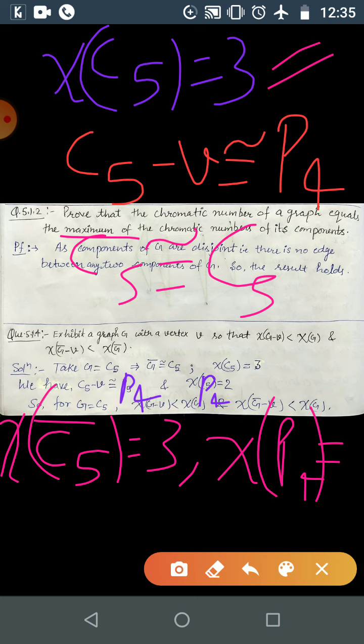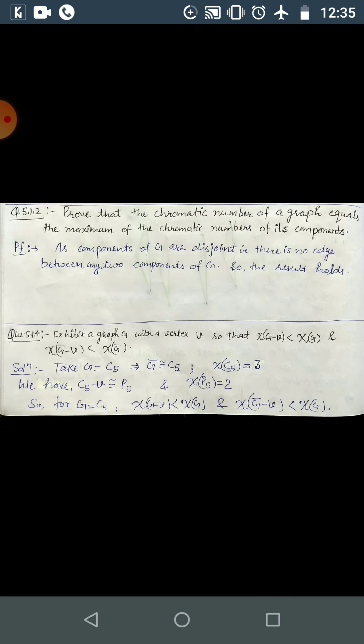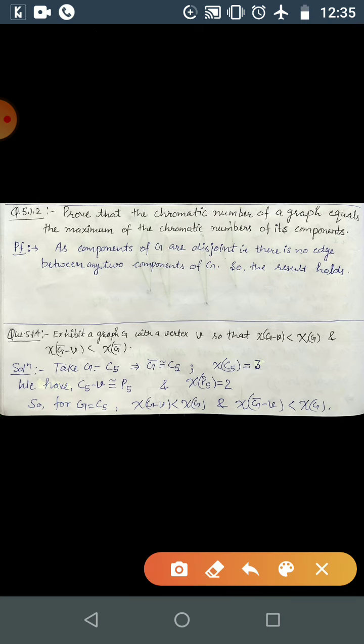So the chromatic number of P4 is 2, so that's why this is strictly less than the chromatic number of C5 complement. So this is done, I think. So here, with a vertex such that the chromatic number of G minus v is less than the chromatic number of G, and the chromatic number of G complement minus some vertex is strictly less than this one.